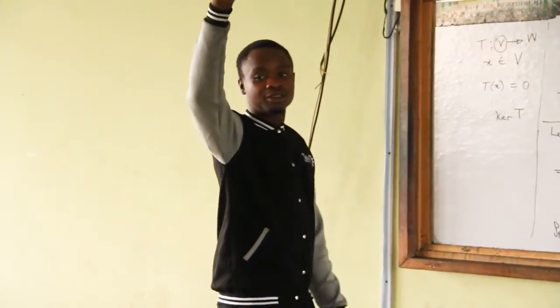So that means, so what is the dimension of Kt? What is the dimension of Kt? Two weeks to exam. What's the dimension of Kt? 3. 1, 3. 1 or 3? 1. I think it is 1.